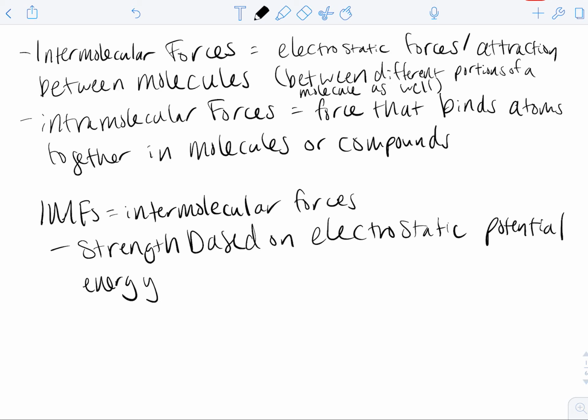So remember that our electrostatic potential energy, that force, that potential energy, is going to be directly proportional to the charge of your particles divided by their distance. So the larger the magnitude of those charges, the smaller the distance, the greater that electrostatic potential energy, and therefore the greater the intermolecular forces.